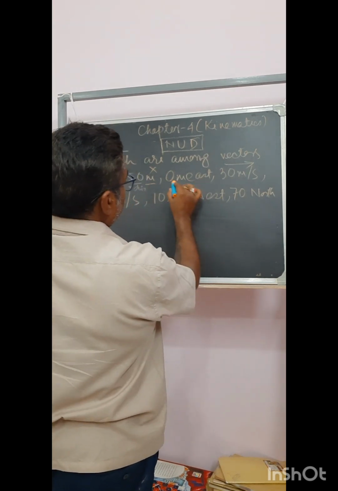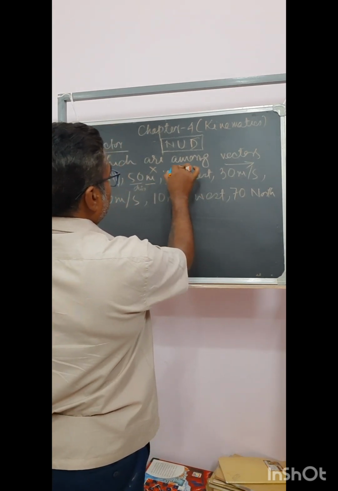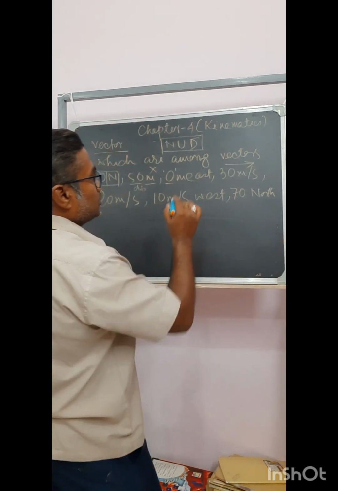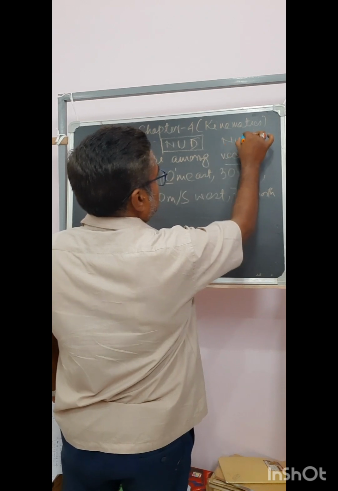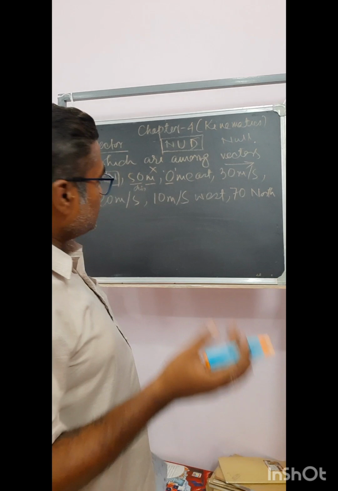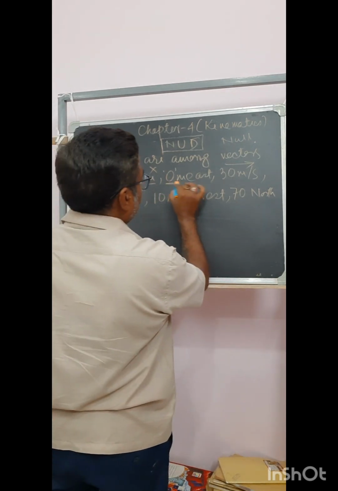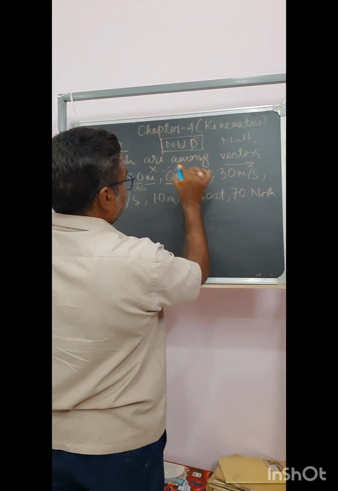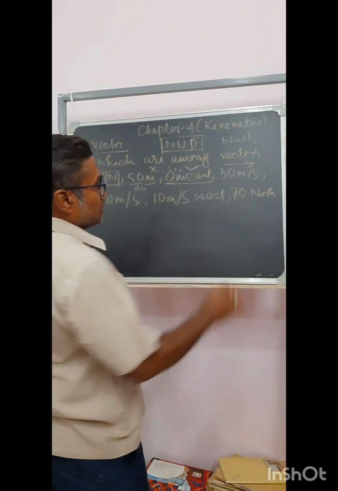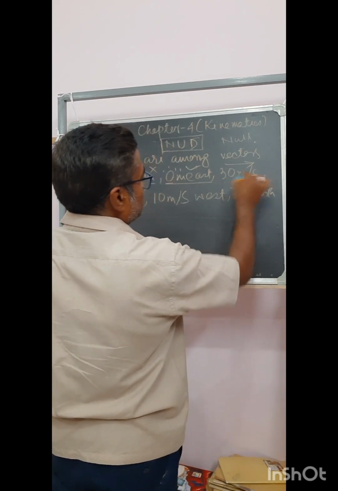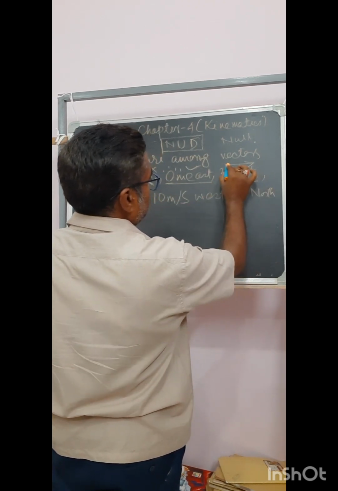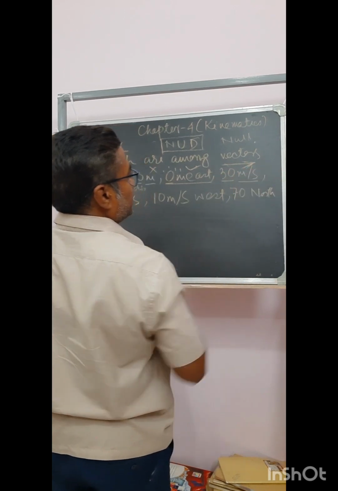0 meter east, we can assume the value of the vector is 0. In the case of null, it is such because the starting point and end point meet each other. So that definitely is a vector, because this is a measurement, it has a unit, it has direction. So this is a vector. 30 meter per second, numeric is there, unit is there, and this sign depicts it is a vector.